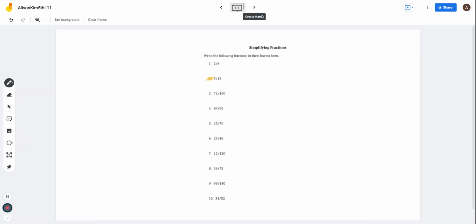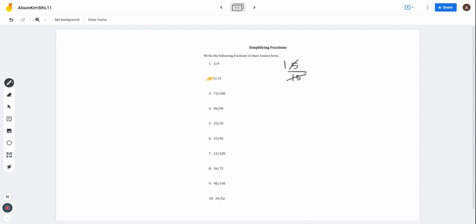Now let's do simplifying fractions. This is very easy. We just need to look for their greatest common factor. So let's do number 2. It gives us 5 over 15, right? And we know that 5 can go into both 5 and 15, because 5 times 1 equals 5 and 5 times 3 equals 15. So we're going to take out 5 from each one. When we take out 5 from 5, we get 1.